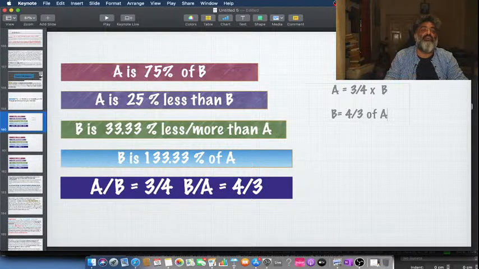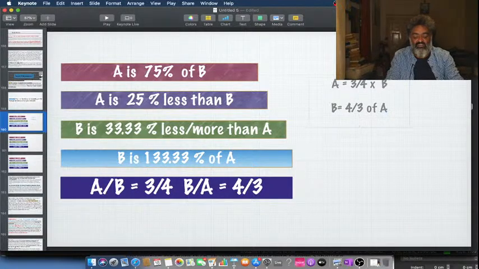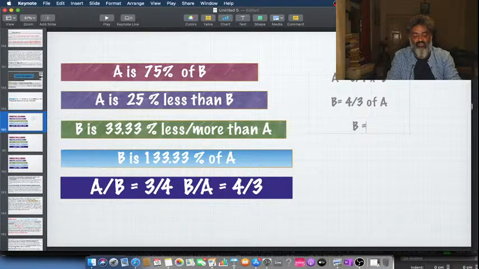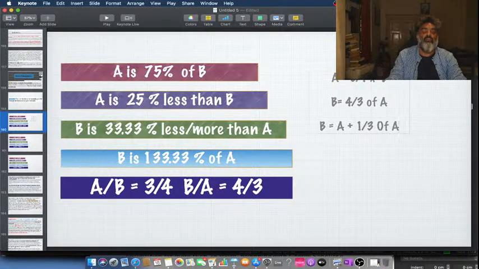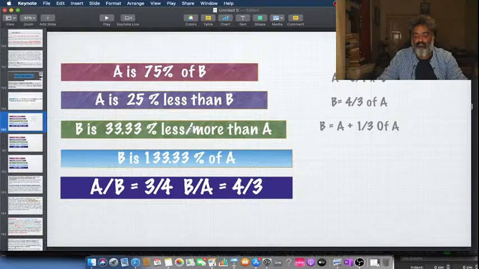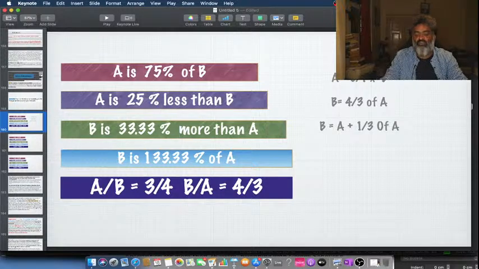So 4 into that will be 133.33%, which is this interpretation: B is 133.33% of A. Or I can further play with this equation and rewrite this as B is equal to A plus 1 by 3 of A. That means B is more than A. How much more than A? 33.33% of A. And that means my final answer should be 33.33% more.